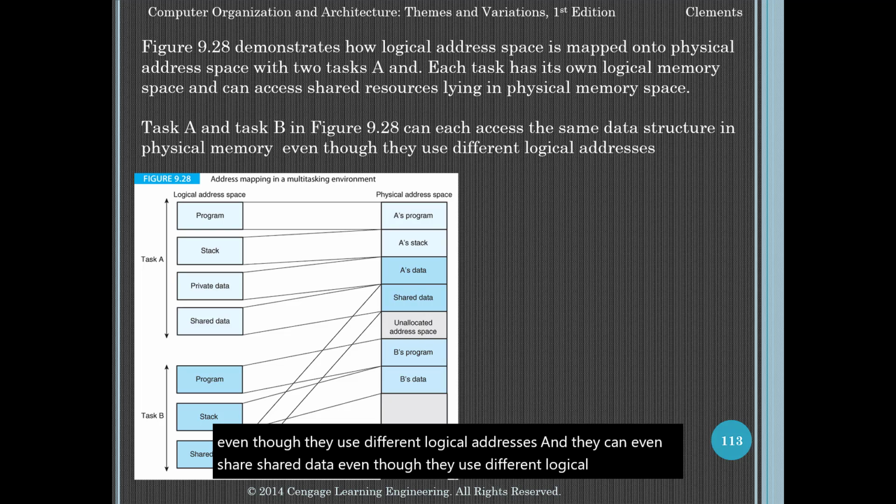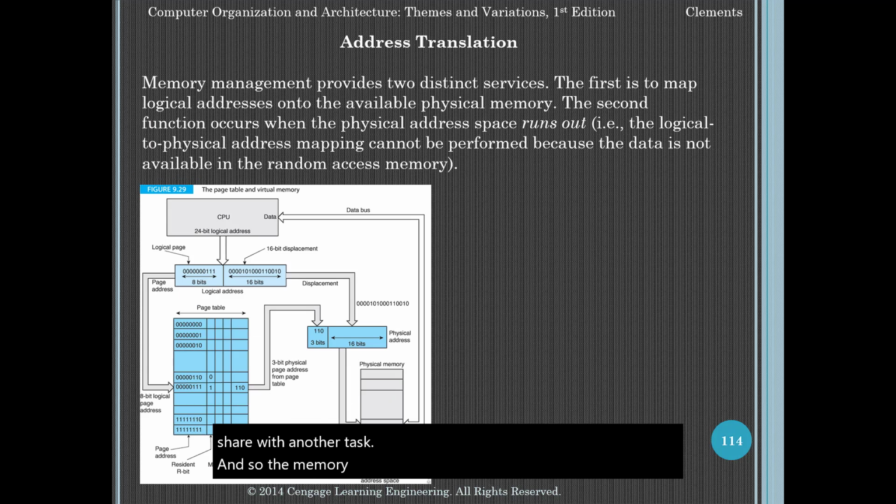And each task is aware of only its own copy of the data that it might share with another task. And so the memory management unit is the one that maps the logical addresses chosen by the programmer.